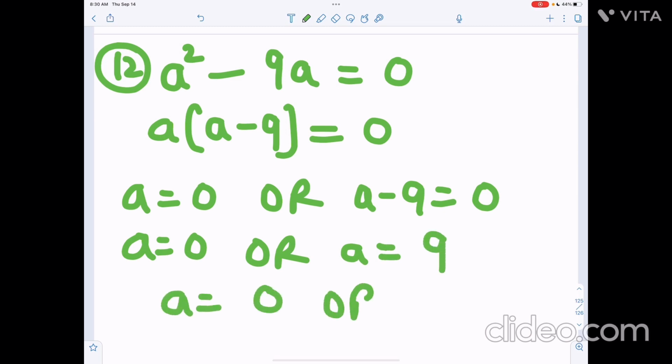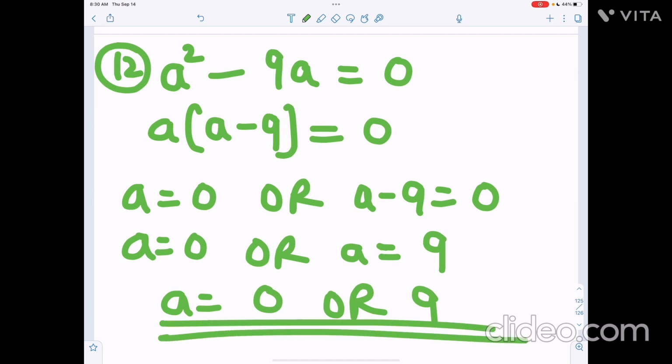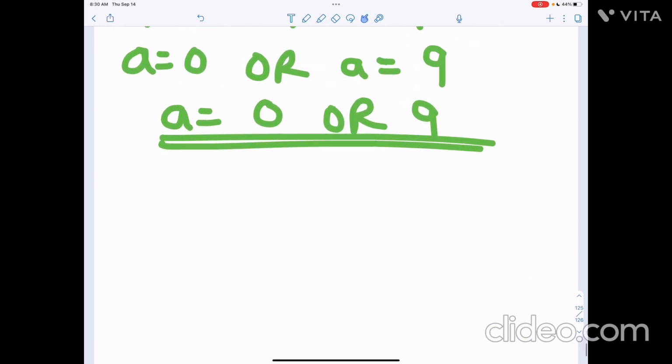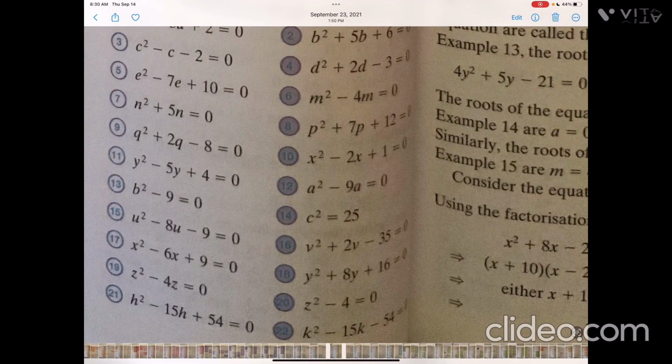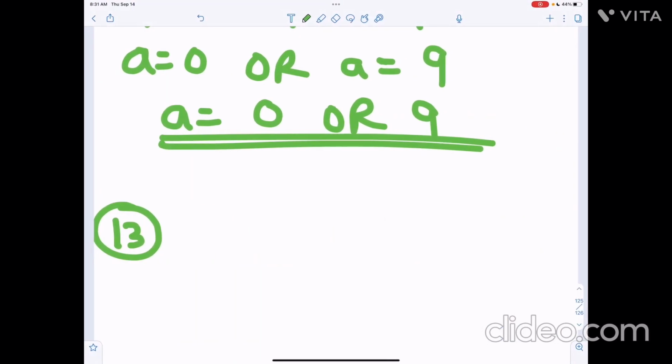So a is equal to 0 or 9. So the only difference here is that we are the ones doing the factorizations ourselves. There's actually nothing new. Just like what we did in 10c and 10d.